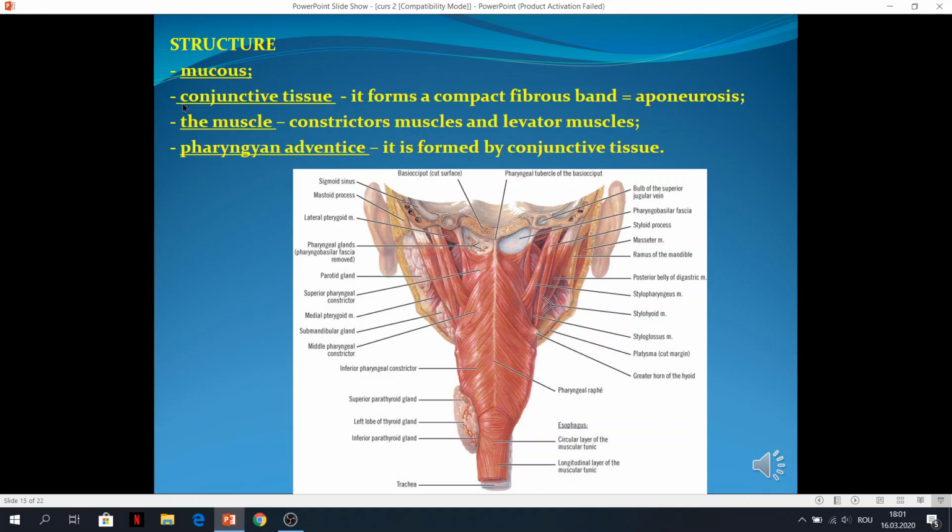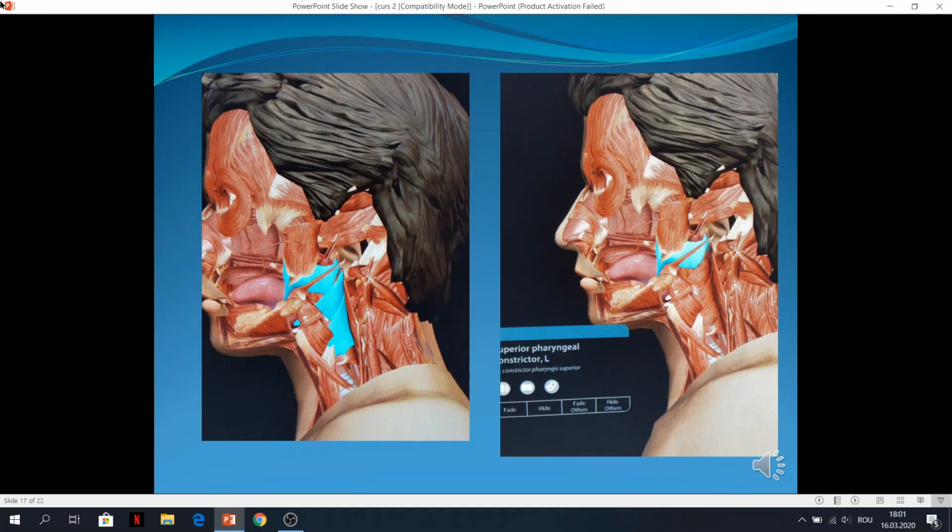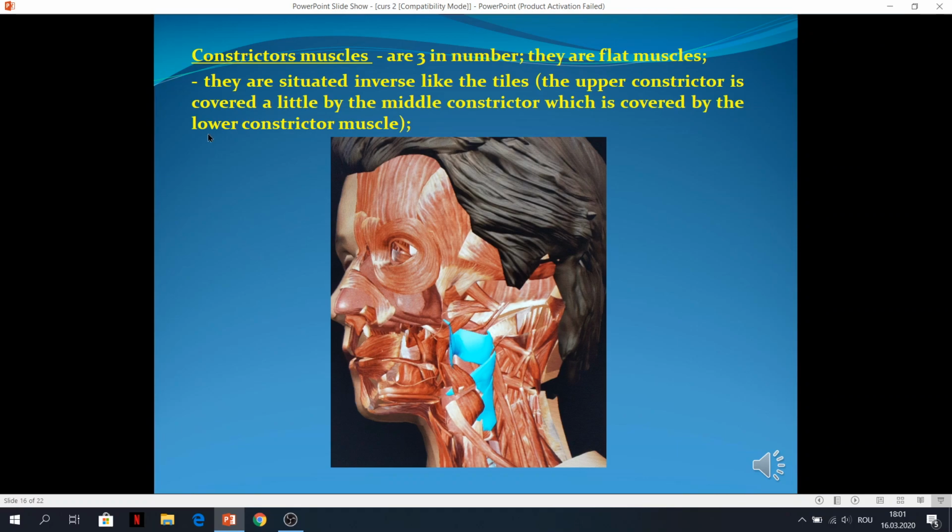Okay, how are the muscles? Because these are the most important parts. We have two groups of muscles. We have constrictor muscles and longitudinal. Constrictors, they are circular. There is one superior, one middle, and one inferior.